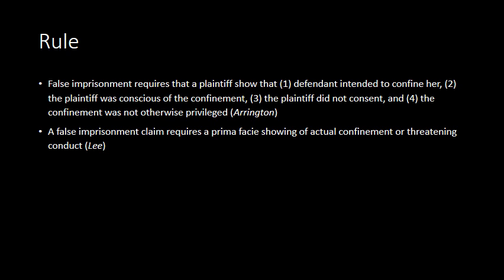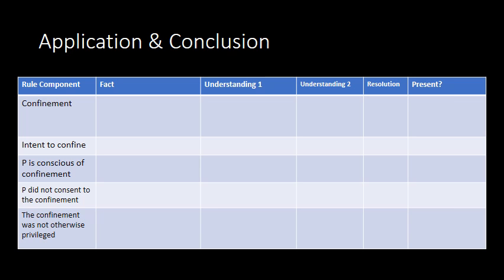Three, that the plaintiff did not consent, and four, that the confinement was not otherwise privileged. We also know that a false imprisonment claim requires a prima facie showing of actual confinement or threatening conduct. So we want to use these rules in order to determine whether the fisherman has a claim for false imprisonment, and more specifically, what is the weak element he has.